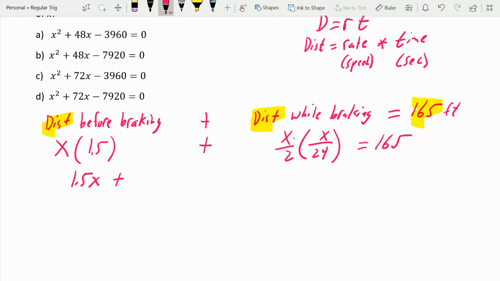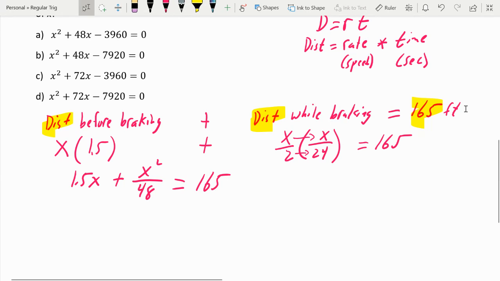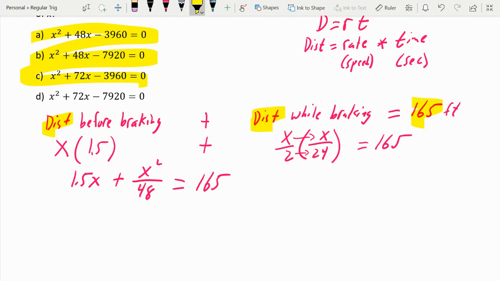How do we multiply fractions? We multiply straight across. So I have x squared over 2 times 24, which is 48, and that's equal to 165. If you look at all the answers, they're all equal to 0, and there are no fractions at all.